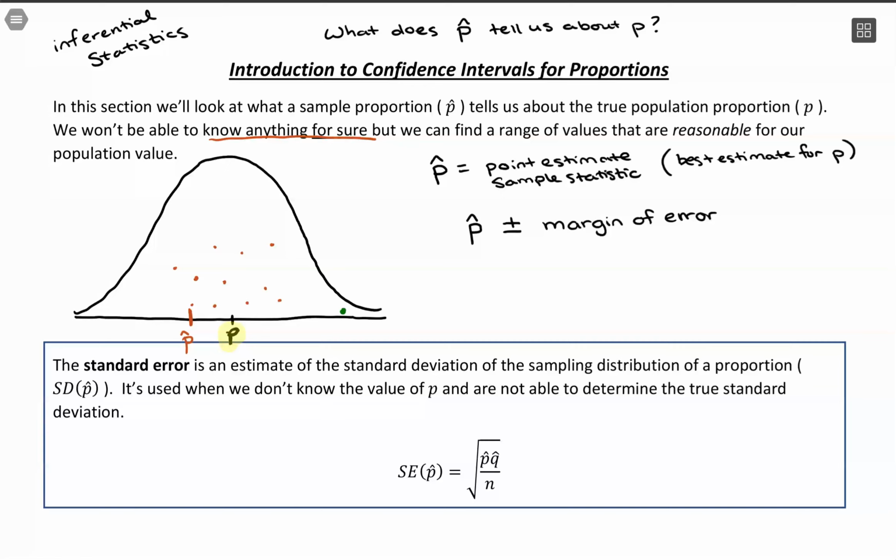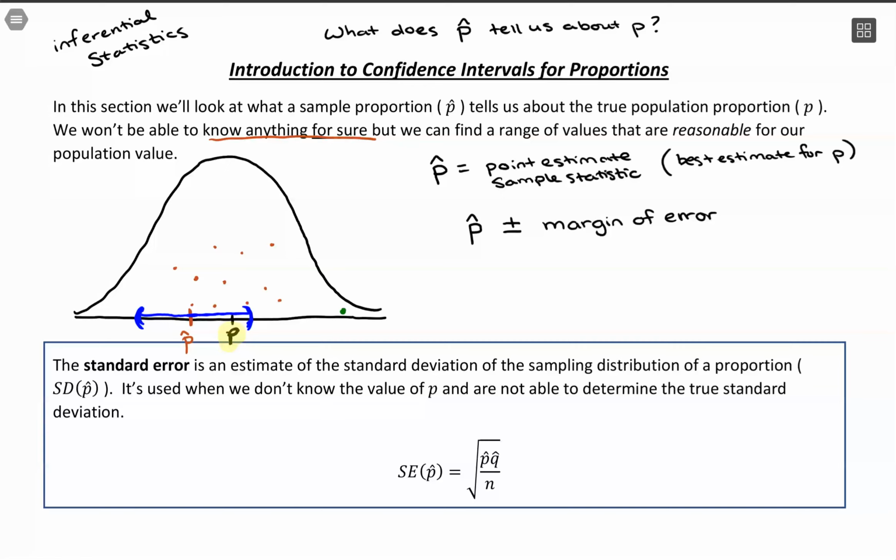So this margin of error, and just as a reminder of notation here, this symbol is plus or minus, meaning we take our sample proportion and we add on some margin of error. So that's going to create some distance above it. So we get to this upper value that'll be a cutoff. And then the minus part is that we'd subtract that margin of error so that we go below that value as well. So we'd end up with this window that's making a lower bound and an upper bound, and then based on how that window's created, that true population proportion should be in there.